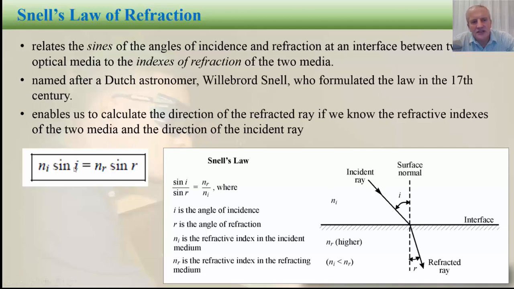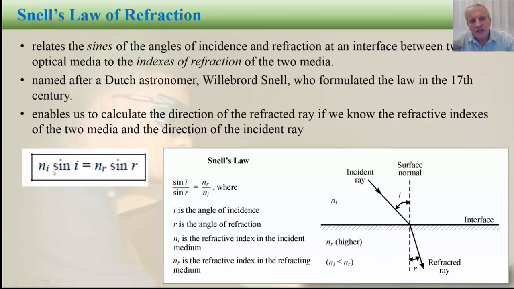In addition to the angles I and R, we also have two indices of refraction. The first being N sub I, which is the index of refraction of the medium from which the incident light ray is originating. That's our first medium. And then you also have N sub R, which is the index of refraction of the second medium into which the light is going to be refracted.